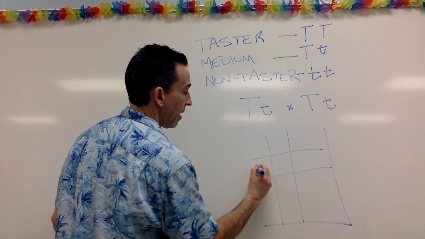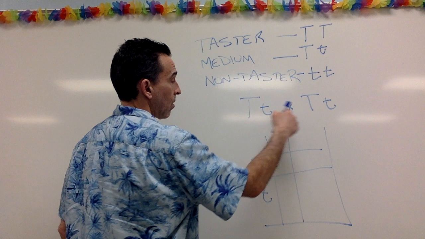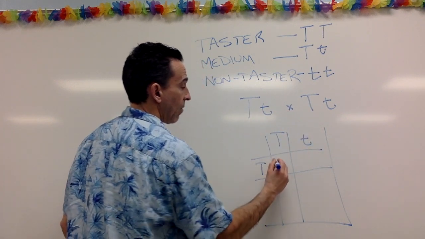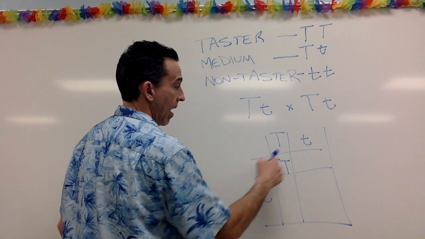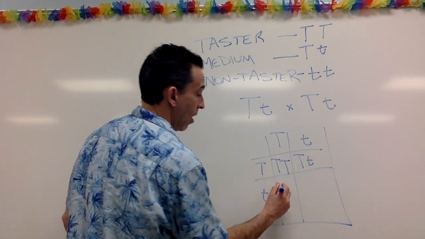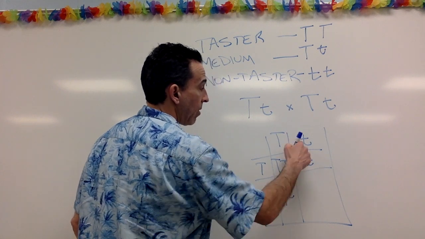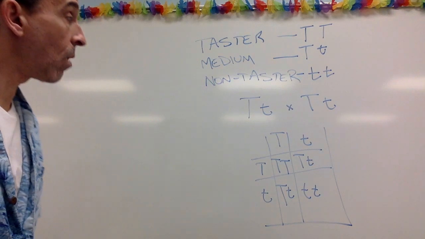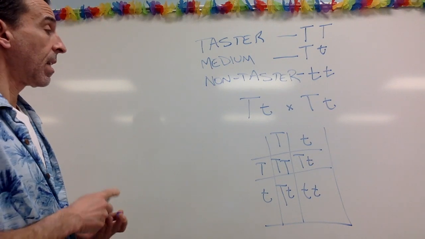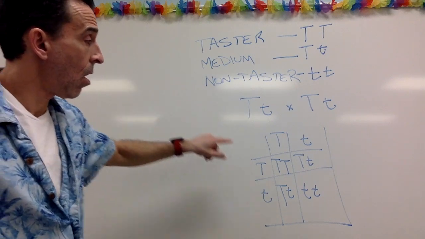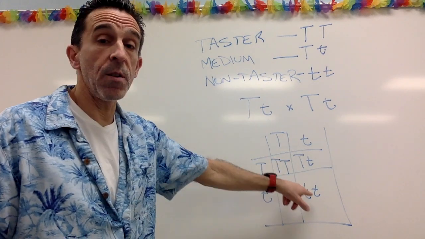This parent, a big T and a little t, by this parent, which is a big T and a little t, gives us a dominant trait. That gives us a dominant but heterozygous trait. That's another dominant, and now we see the recessive trait. So when we look at this in a population, now we know that tasters to non-tasters are 3 to 1.